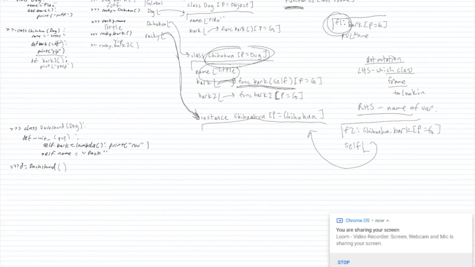Alrighty. And then we'll move on to the next line, Rocky.bark2. So let's evaluate our operator, which is bark2. Well, first we'll look in the Rocky frame because this told us to look in the Rocky frame. Bark2 isn't there. Look at our parent.